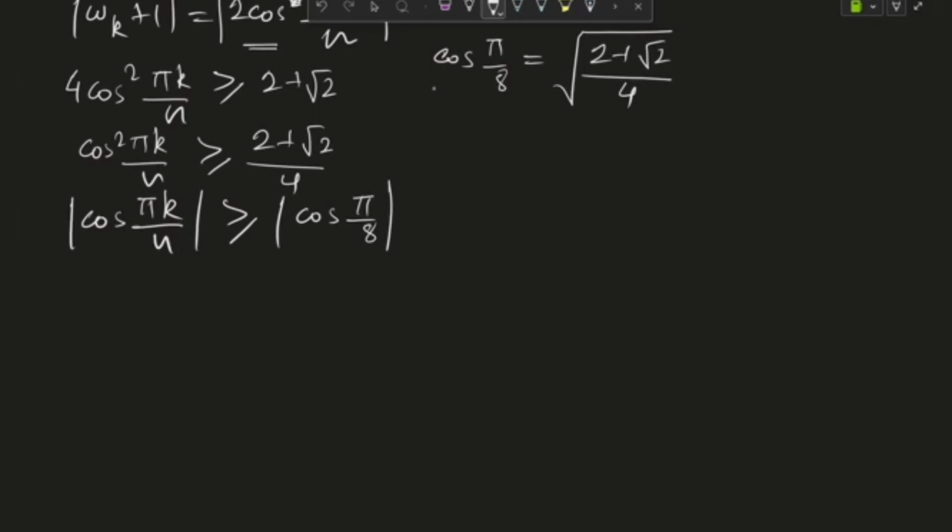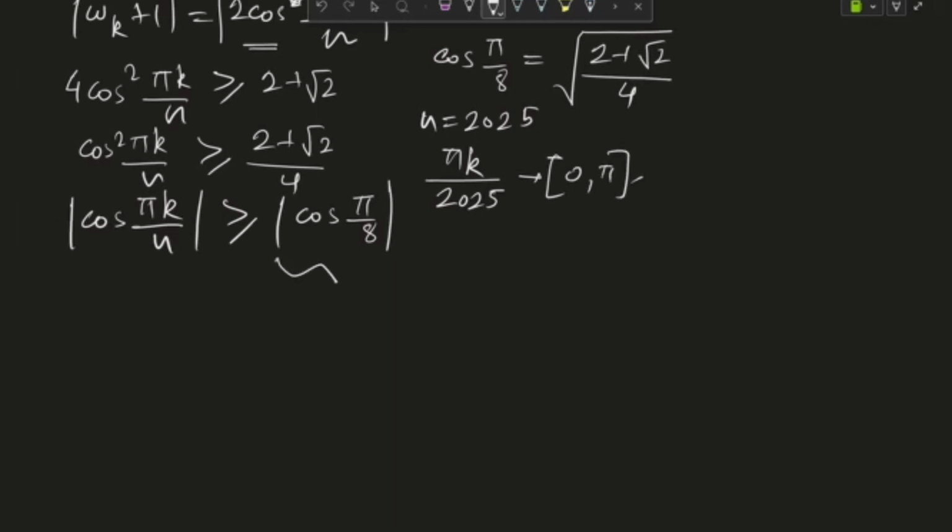So now we can put n equals 2025, and now pi k by 2025 will, I guess, lie somewhere between 0 to pi only, so the mods will open as positive.